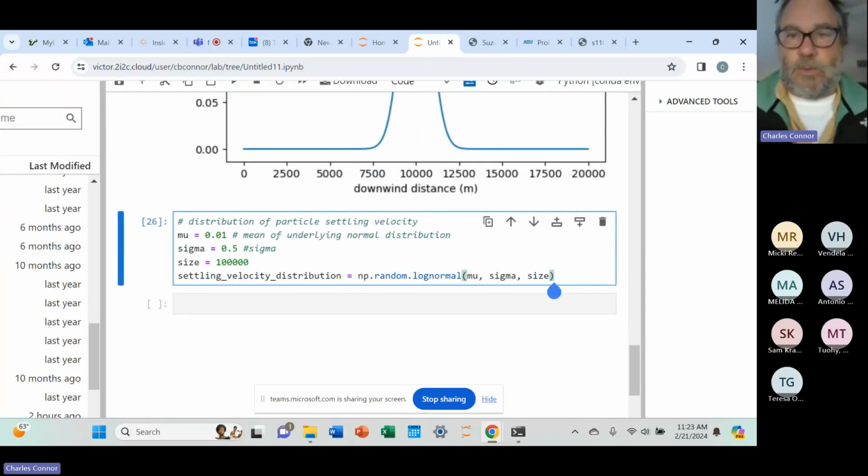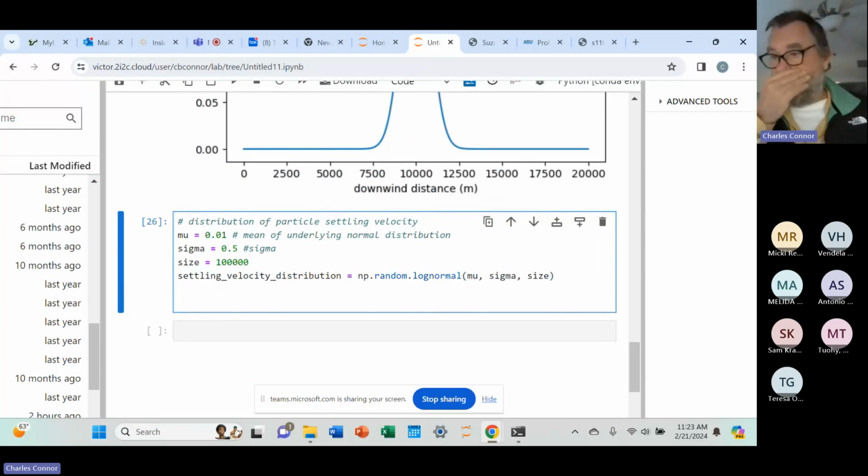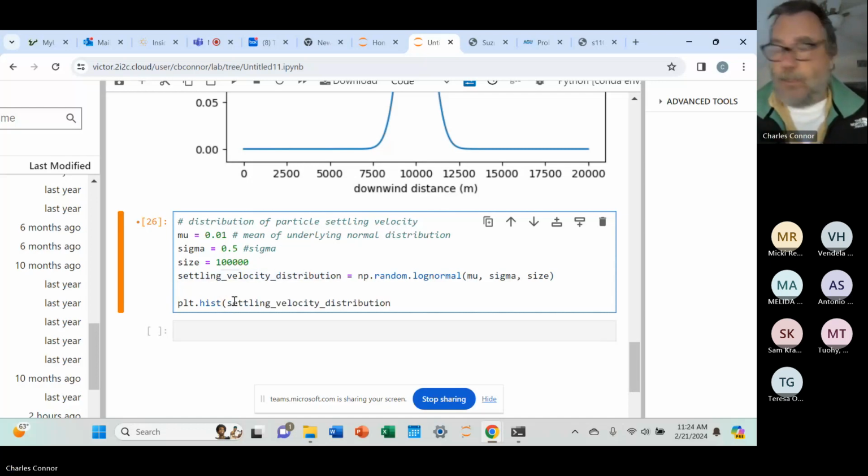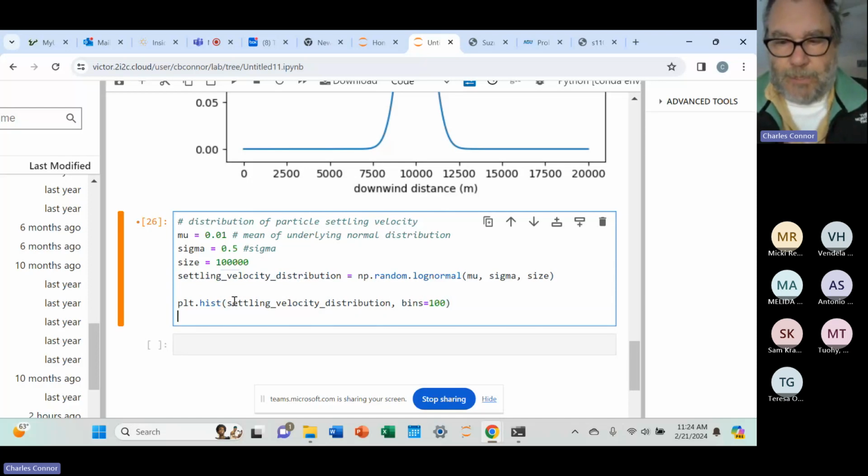And I'm going to then plot a histogram for those particle settling velocities. I'm going to copy that. And I'm going to make bins here equal to 100 or something like that. And then I'm going to plt.show that.